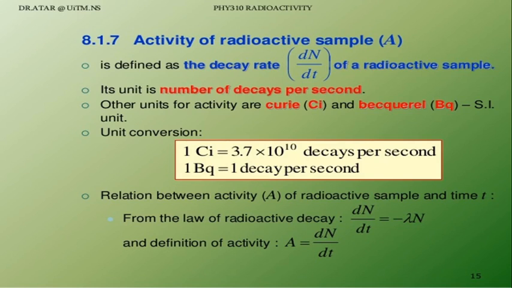And we already had the equation that dN by dt is equal to minus lambda N, isn't it?